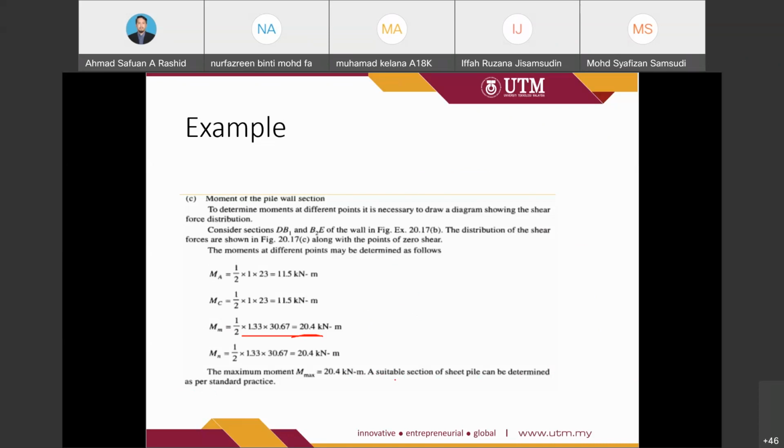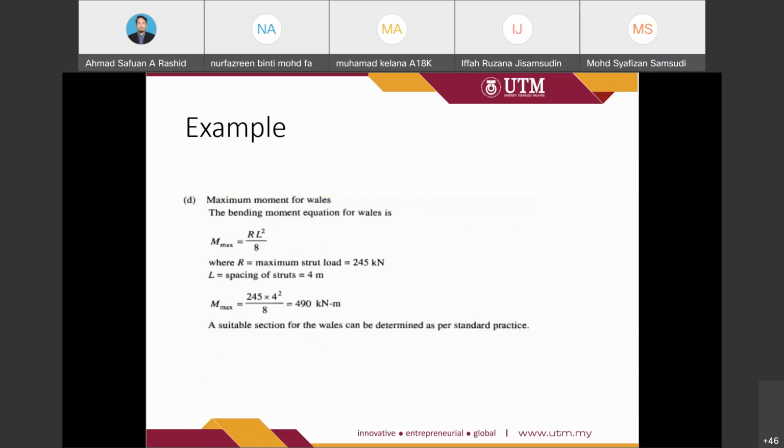You need to refer to any catalog from the manufacturer, and then find the specification of any sheet pile which is equivalent to 20.4 in terms of the maximum moment of the pile wall section. So that is for the C.